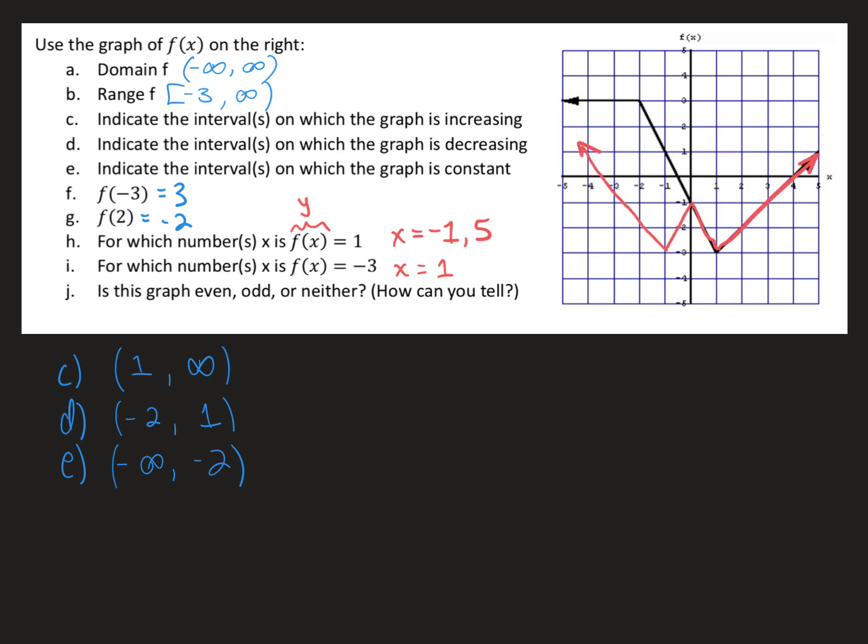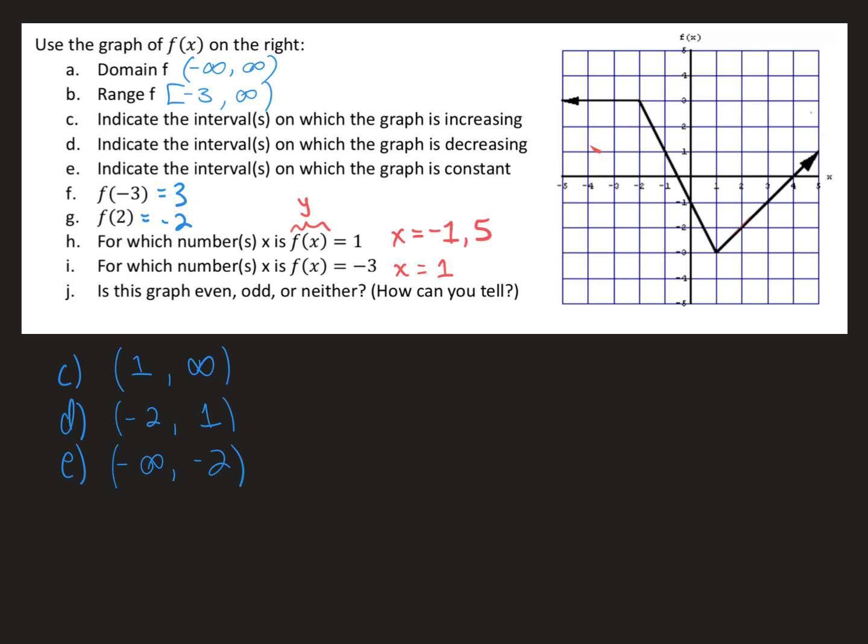That's what would make it even. Or if we were looking at the left side of the graph, it would have to look like this in order for it to be even. But that's not what the graph is, so we can say that it is not even.